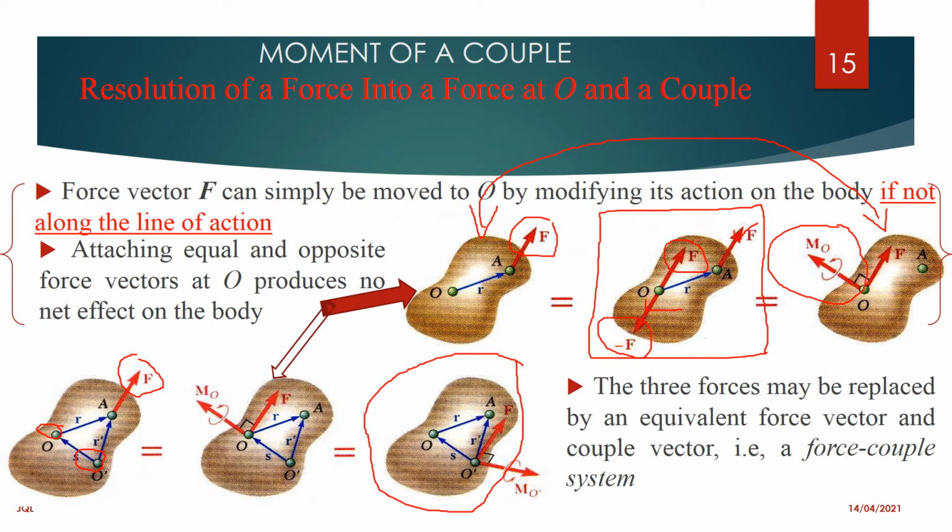This is what we call a force couple system. You might find certain problems more complicated such that it will be difficult for you to solve those problems. You can use the resolution by simplifying the problem.